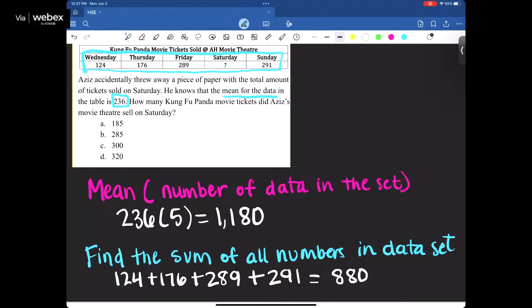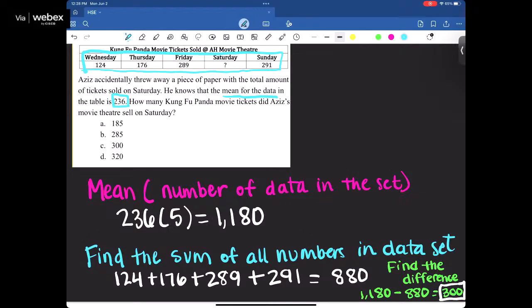Now here is the final step. Just gonna put it down here in the corner. Find the difference, basically the range. So we'll take 1,180 minus 880, and that is going to give us 300. 300 is the answer.